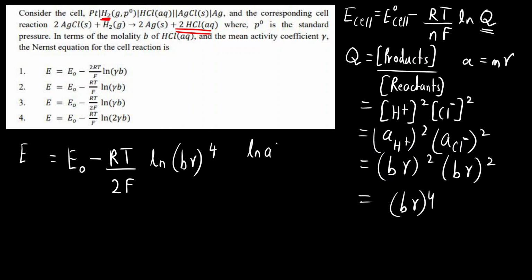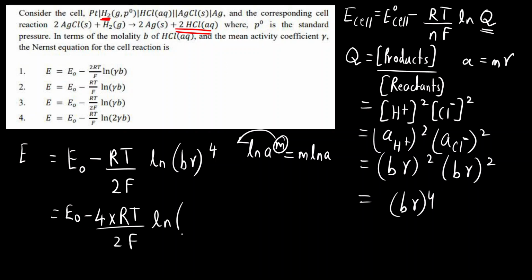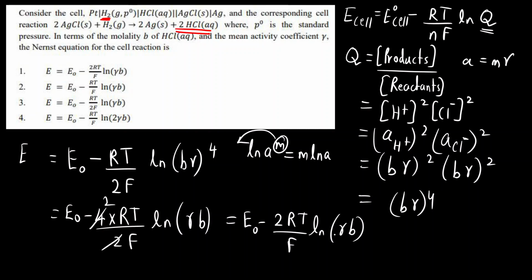We know this logarithmic law: ln of a raised to m is m ln a. This we bring down. So this will be E0 minus 4 into RT by 2F into ln, this they have written as gamma b or b gamma, both the same. Now 2 ones are 2, twos are 2. So this will be E0 minus 2RT by F into ln gamma b.